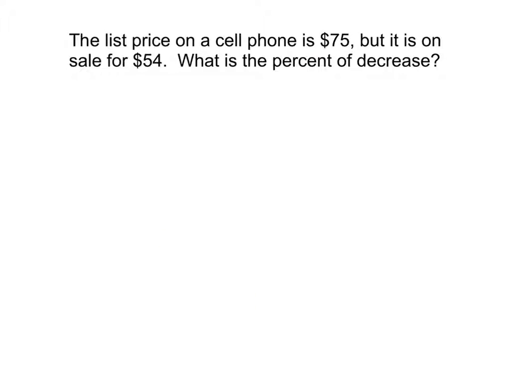Here's another example, this time dealing with decrease. The list price on a cell phone is $75, but it is on sale for $54. What is the percent of decrease? Once again, I can set this up in an is-of type statement.